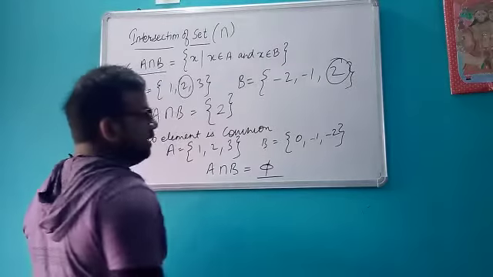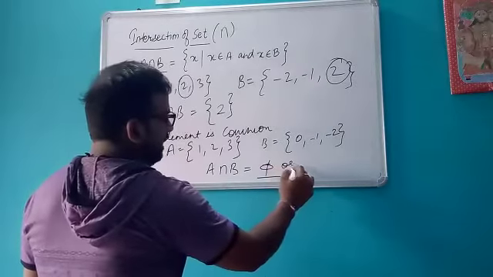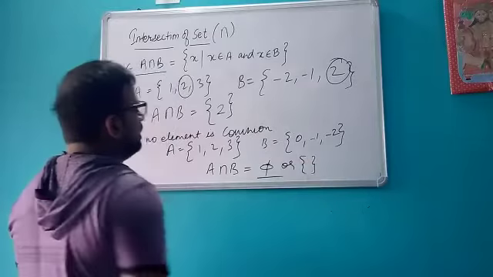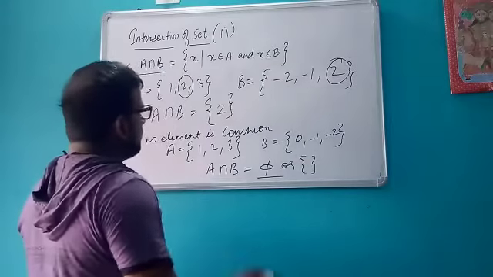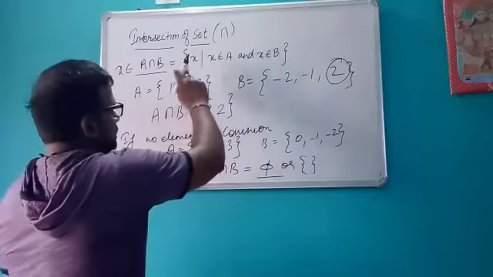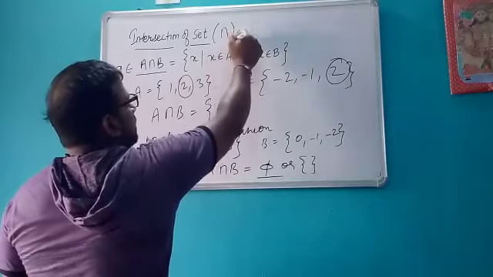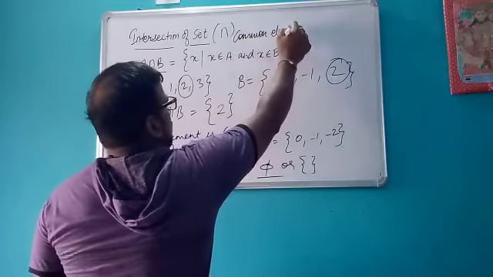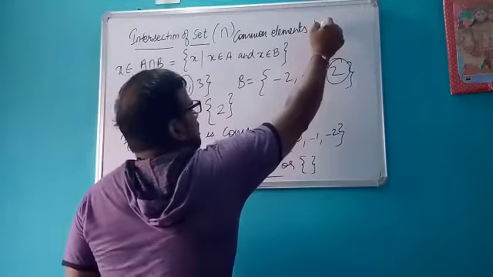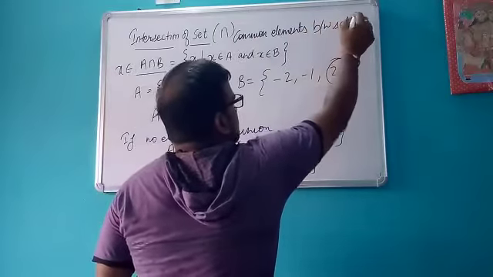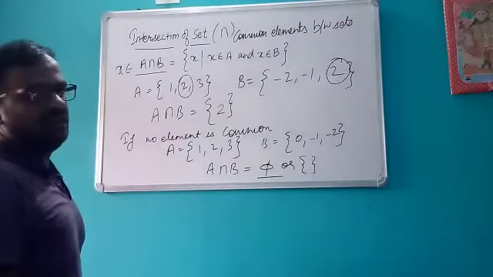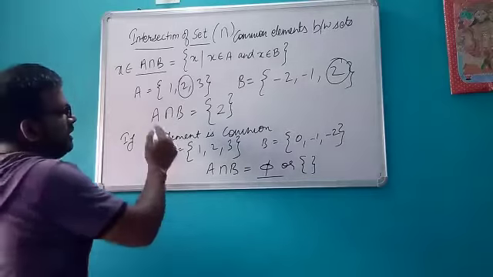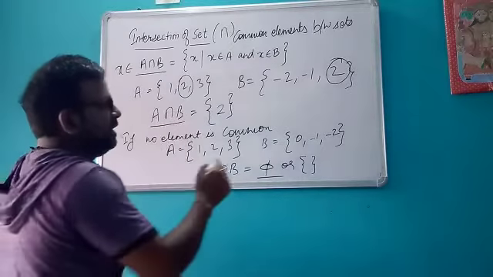It will be the null set, or we can write it as like this also. You already knew null set. And so in case of the intersection of sets, we will write the common elements. Only common elements between sets we will write. No other element we will consider whenever we take out A intersection B.